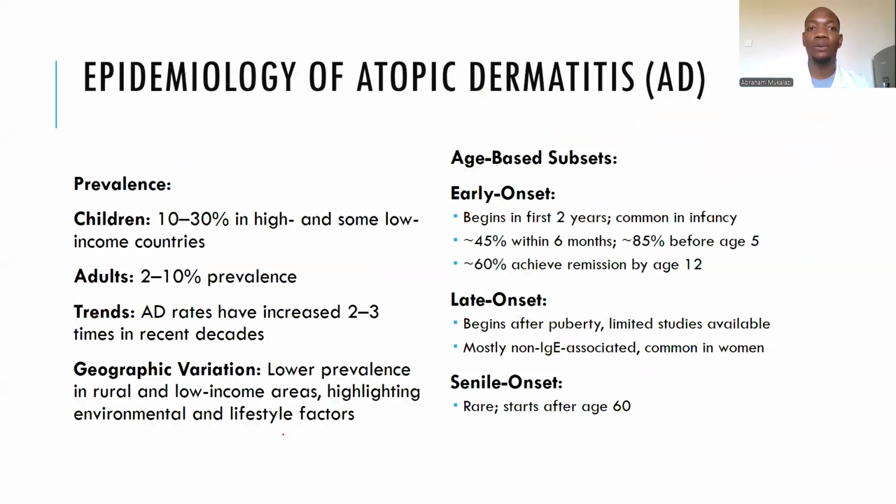So when you look at how common atopic dermatitis is, it is a little bit more prevalent, especially if you look at countries which have a higher income status, who are maybe in first class, second class. As you go down the ladder, the prevalence also goes down. We find that the prevalence in those countries can go as high as 30%, but on average, around 20% in children.